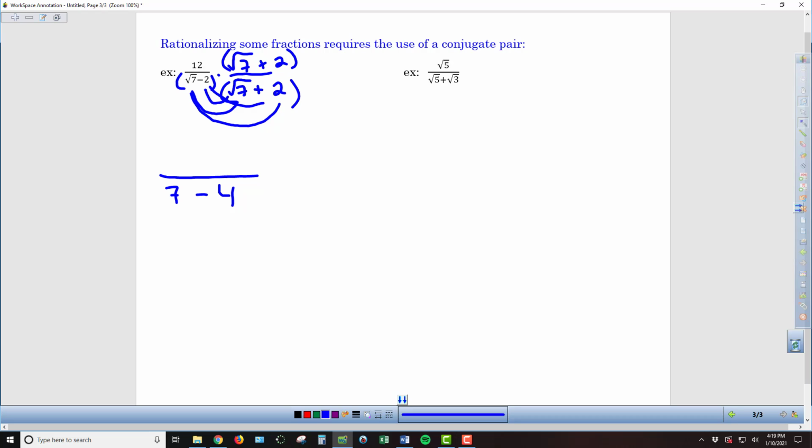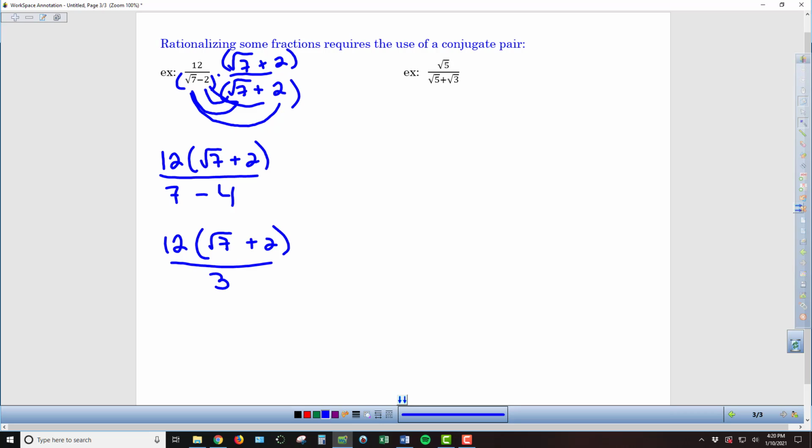In the top, I'm going to leave it for now as 12 times root 7 plus 2 in parentheses. I'll have some distributive property to do in a minute, but I'll leave that there for now. Now on the bottom, 7 minus 4 is 3, so we have 12 still times root 7 plus 2 all over 3. And so now I'm going to check to see if I can simplify.